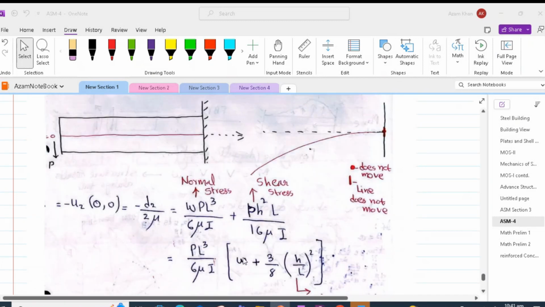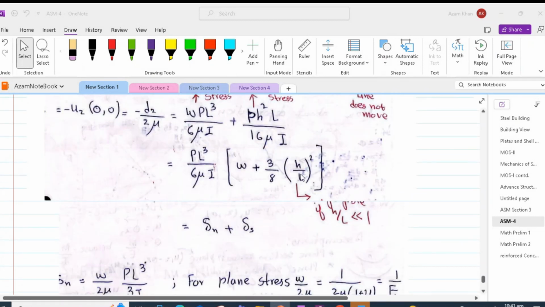Now, it is interesting to see that the second factor, which is related to shear, will become negligible if our depth to span ratio is very small. If this is less than 1, then this term will almost become 0, and we will get the same answer which we get from our elementary formula.